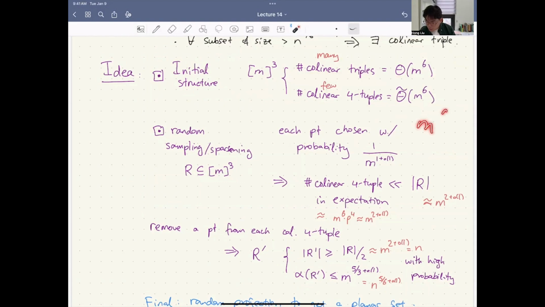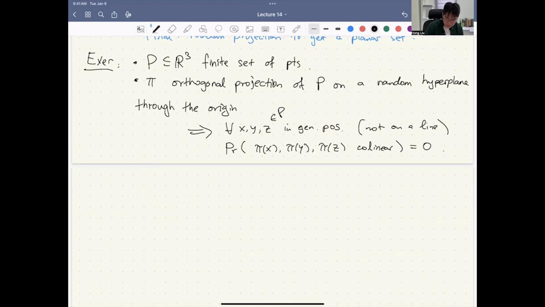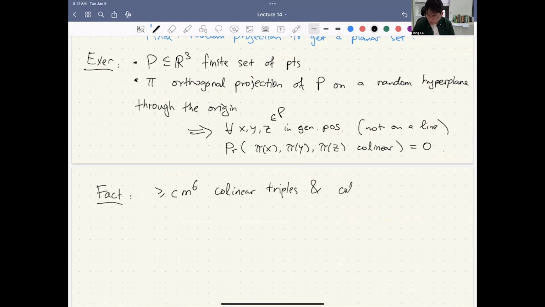There are at least a constant times m to the 6 collinear triples and collinear 4-tuples in the m cube. So, a warm-up fact.